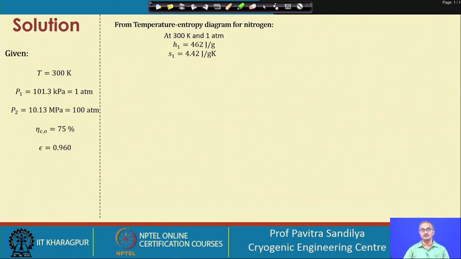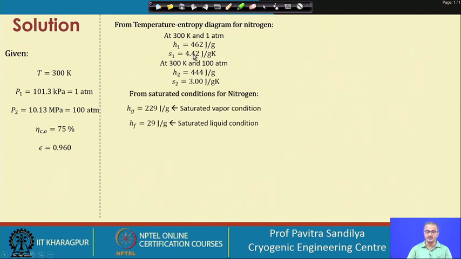For these kinds of problems we have to take the help of the TS diagram, and in this case we shall choose the TS diagram of nitrogen. We have learnt earlier how to look at the TS diagram, and from there we can find the enthalpy and entropy at the inlet and outlet of the compressor. These are the values we read out from the TS diagram.